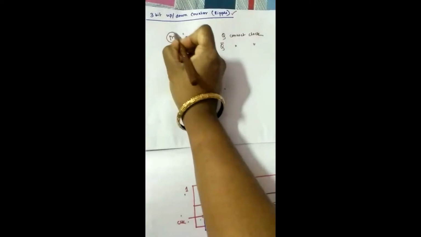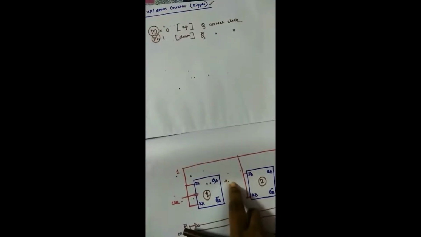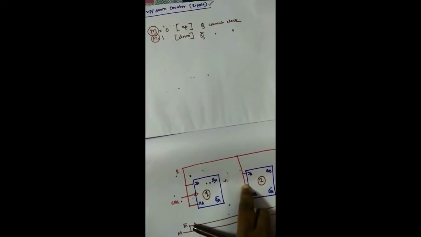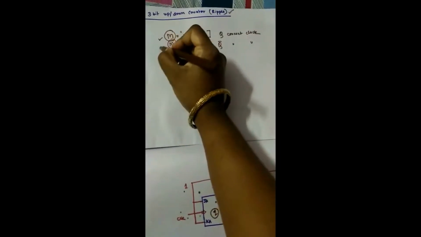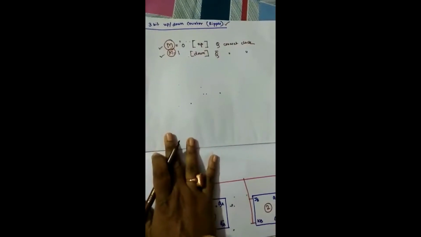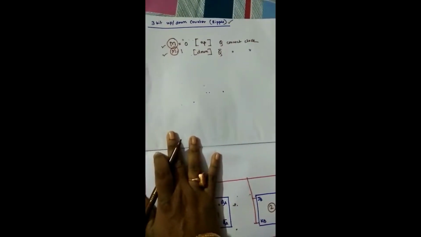Now, to achieve the goal, we require this M control signal. We have to design a particular combinational circuit at the output and the input port of each flip-flop, using this control input M. Now we are taking the truth table for this.